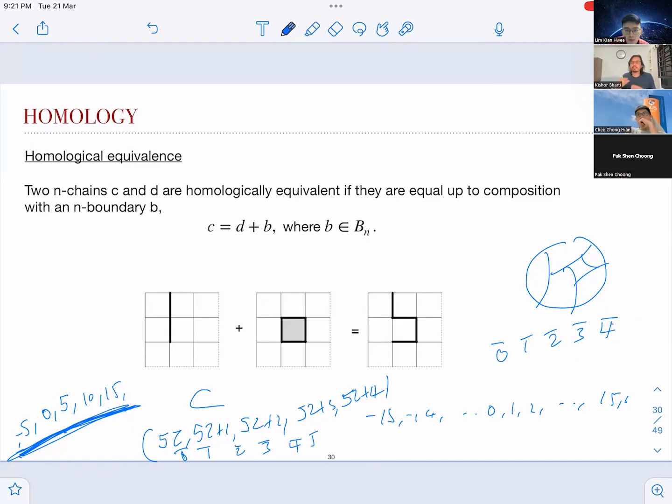So these are different equivalence classes. You see that if I have 1 and 6, both of them will belong to 1 bar. Why? Because you can add a multiple of 5 and you will get 6.